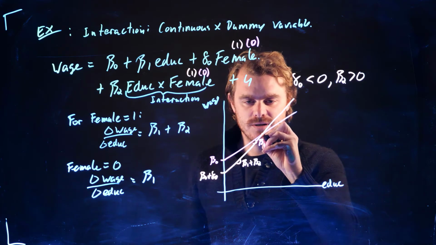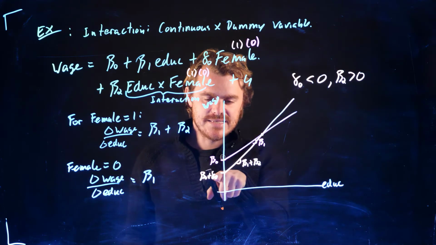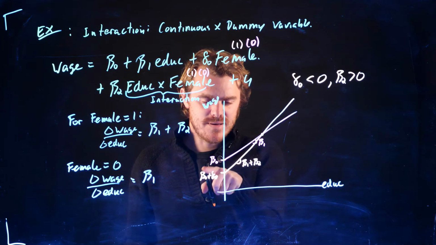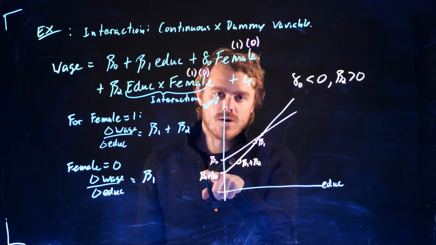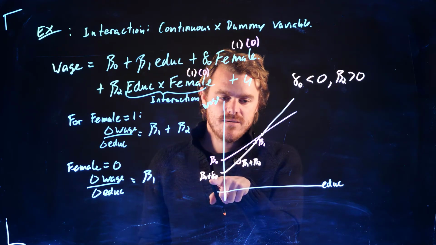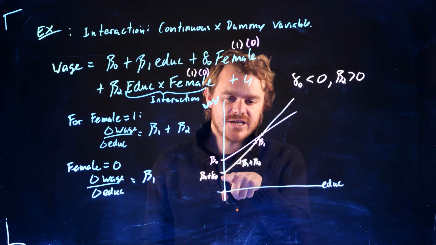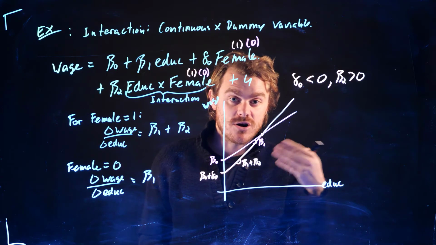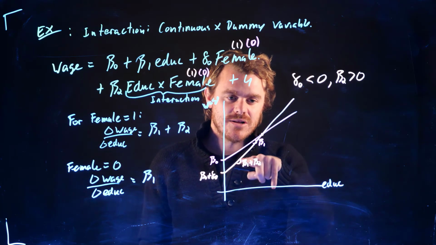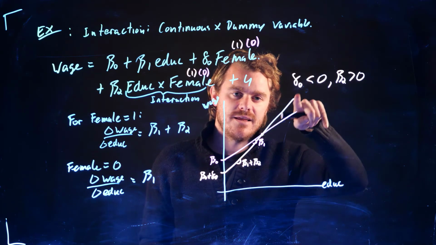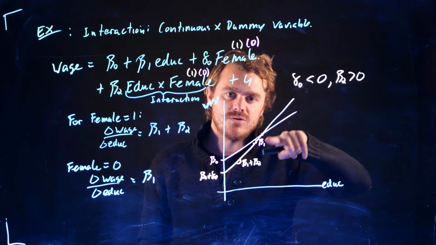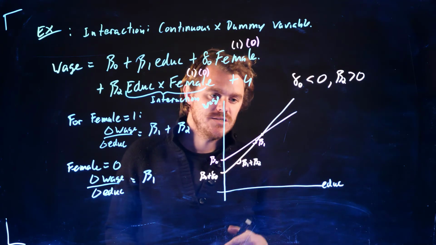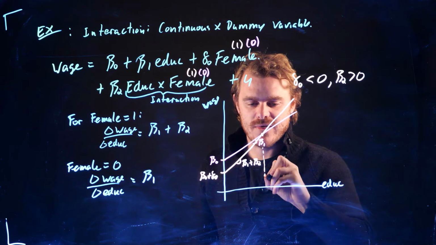Well, what that's saying is that someone who identifies as female maybe starts out with lower wages, but their returns to education are higher. But if they get a certain level of education, all of a sudden their wages would be higher than someone who doesn't identify as female. So we could figure out where they crossed as well.